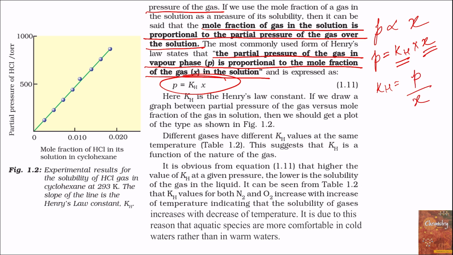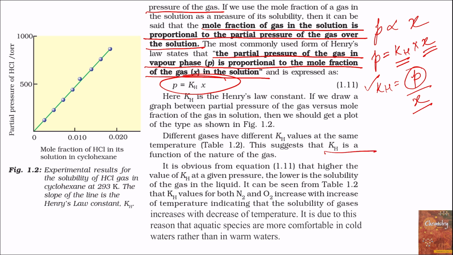So it can be seen that if the pressure is kept constant, in that case, higher the value of Kh, lower is the mole fraction of the gas present in the solution, and the value of Henry's constant is different for different gases at the same temperature. For example, nitrogen has different value of Kh, oxygen has different value of Kh provided the temperature is same.